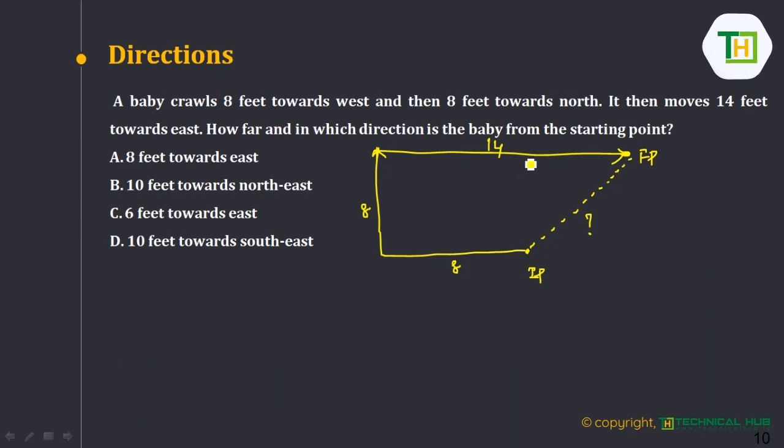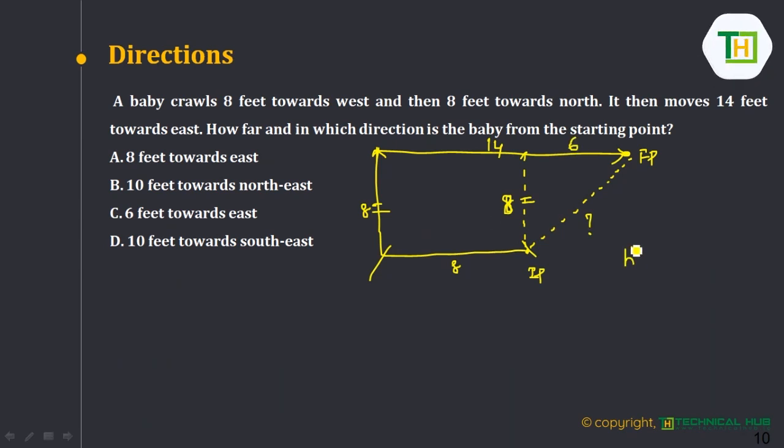So try to make it a right angle triangle by drawing a straight line from the initial point. What is the height of this triangle now? This height is equal to 8 because these two are equal. And what will be this distance? The entire is 14 and from here to here it is 8, so 14 minus 8 is equal to 6.